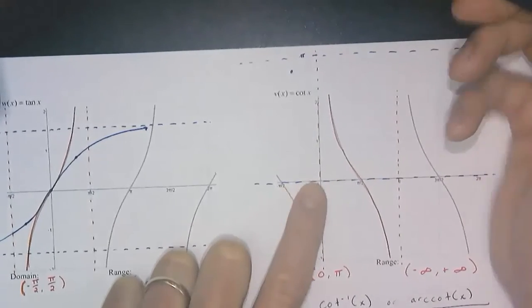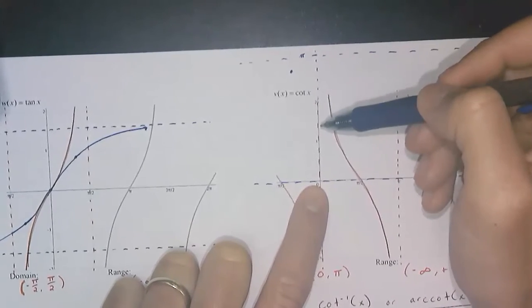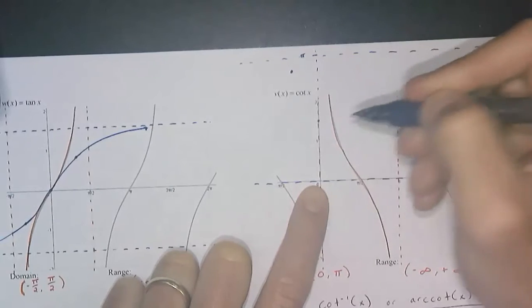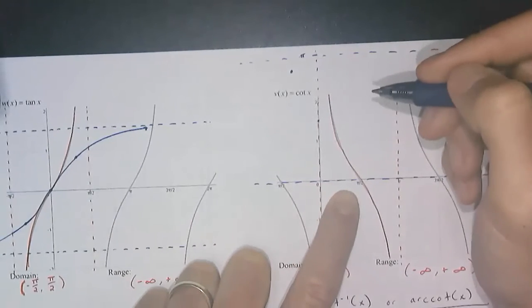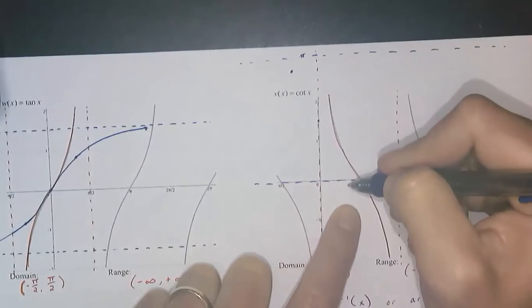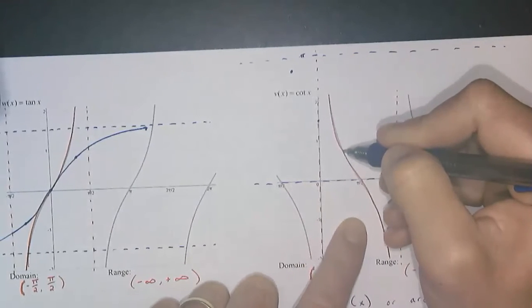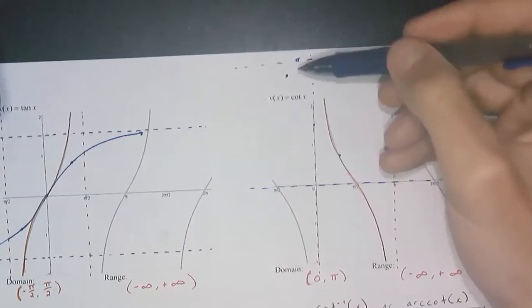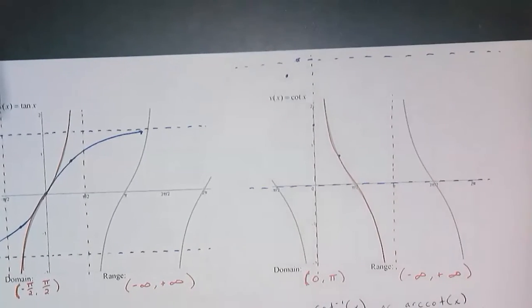At 0, we're at pi over 2, which was that 1.5-ish number. And then at 1, we are at pi over 4, which is just about there. So it's kind of perplexed by this.